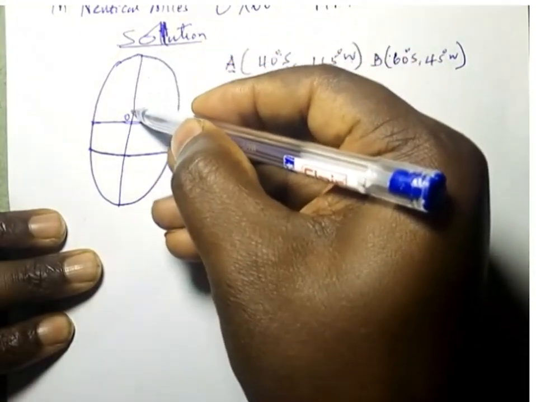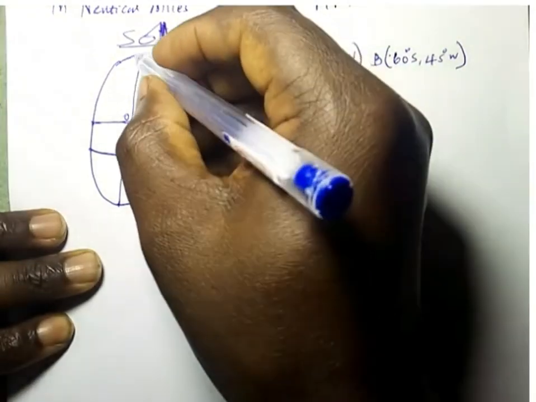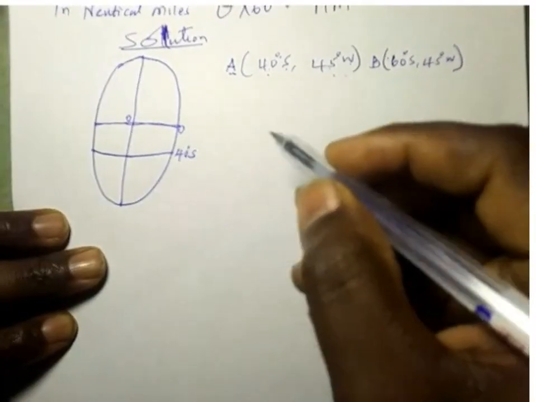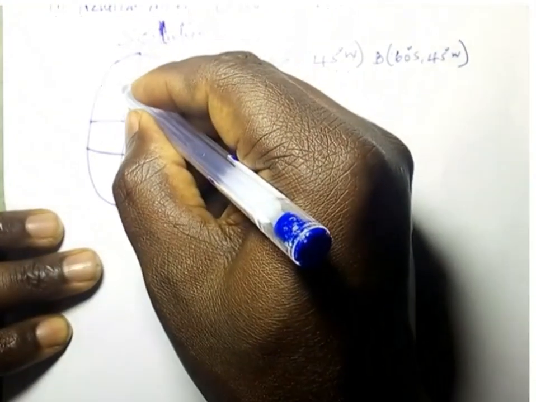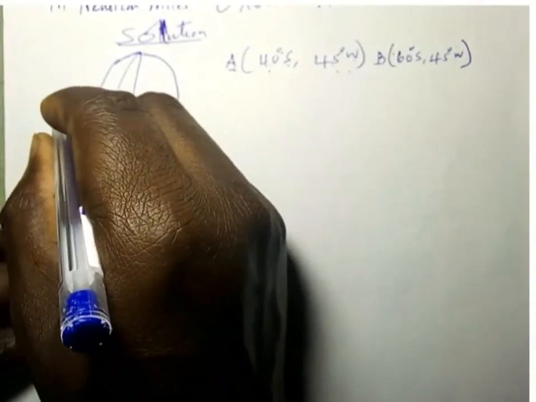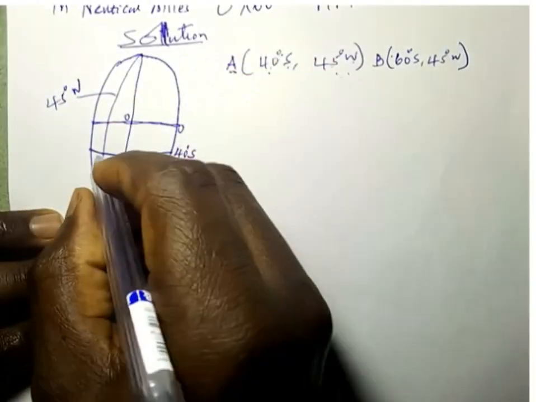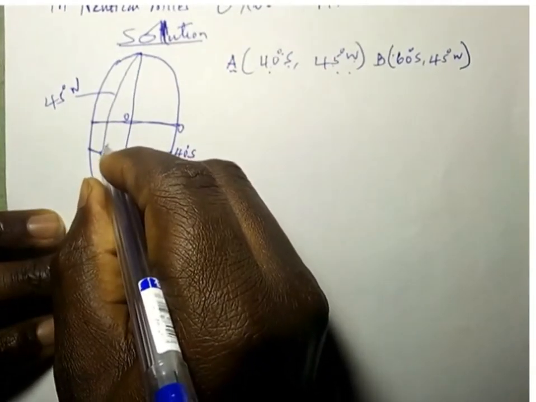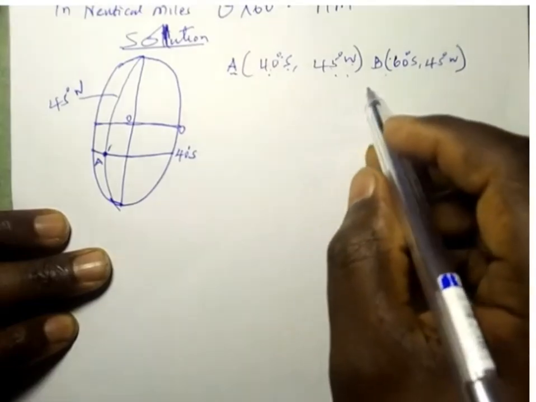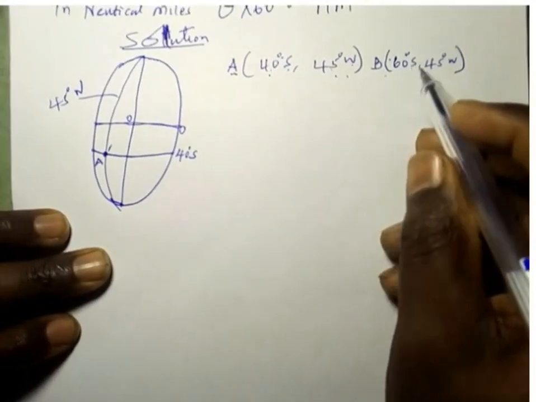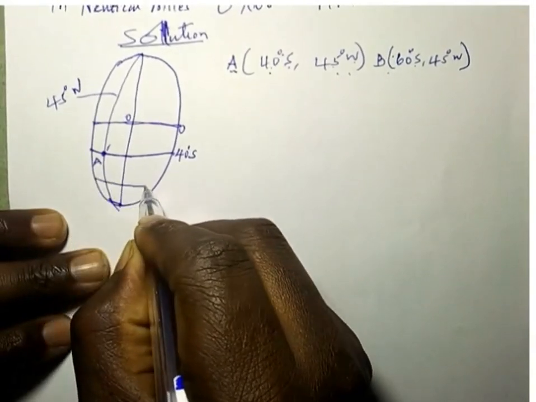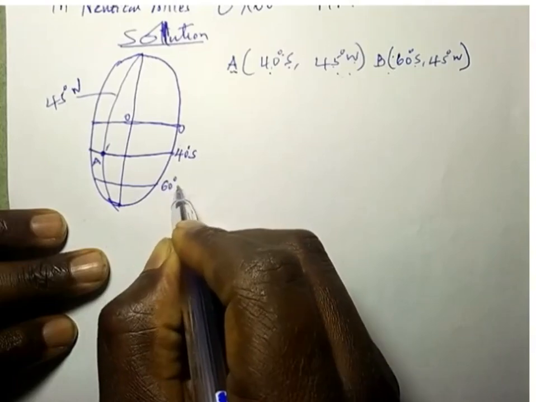This is the Greenwich meridian, so 45 west will be somewhere there. This one is 45 degrees west. So this point here is our point A. And then point B is 60 degrees south. This is 40, so 60 will be somewhere there. This is 60 degrees south.